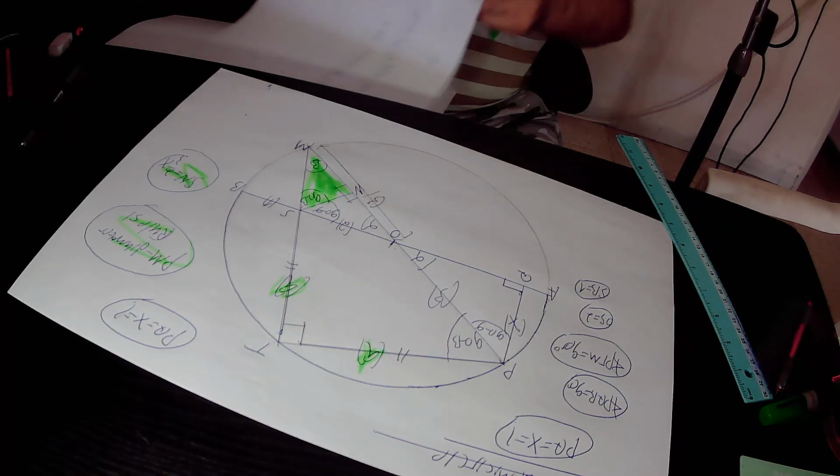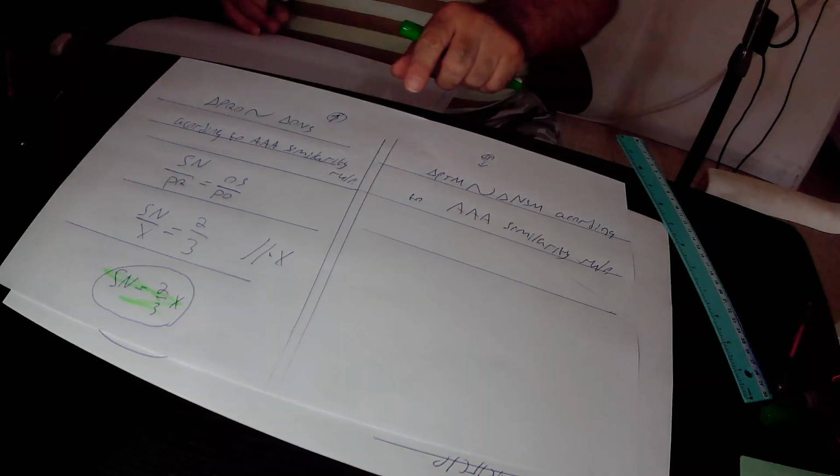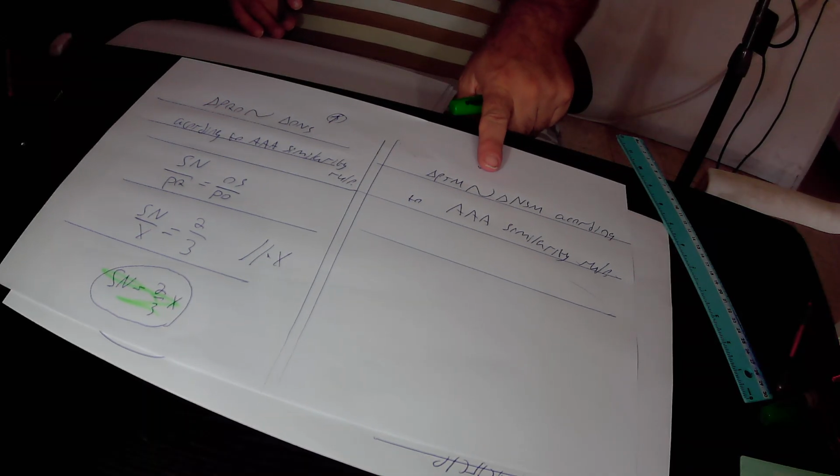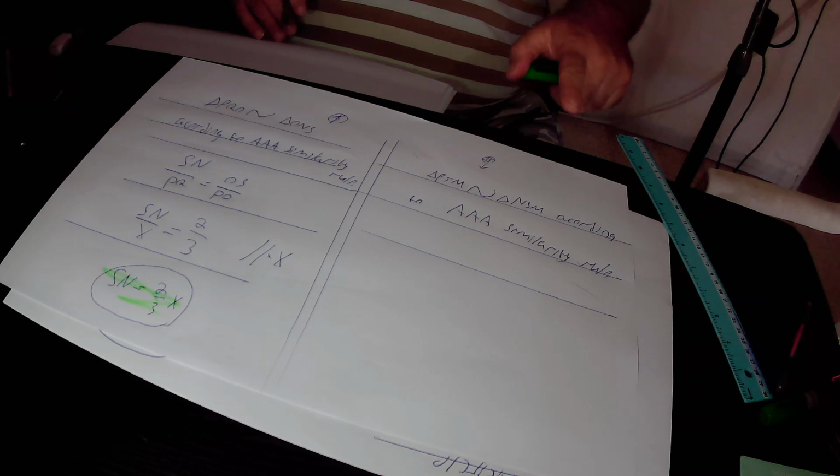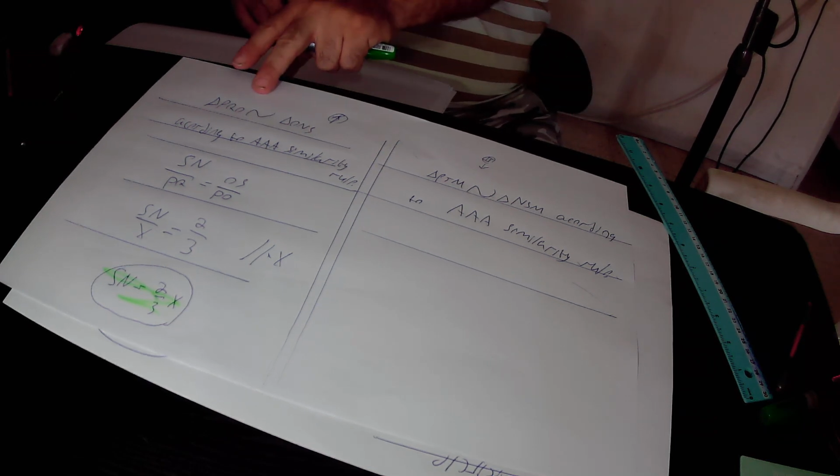And then we found out that the big right triangle PTM is similar to the small right green triangle NSM according to the angle similarity rule.